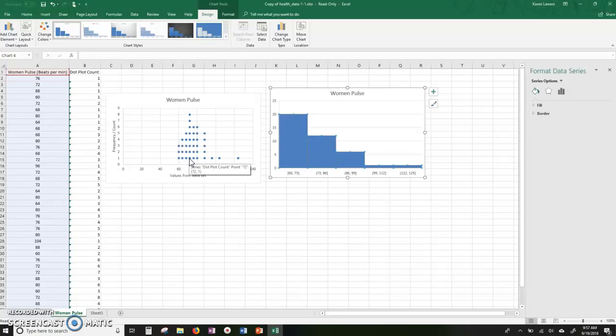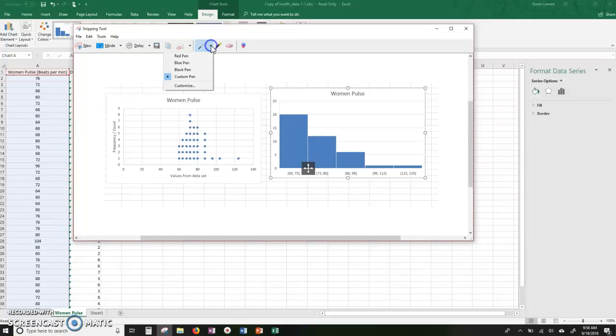So this should include these 8 plus these 5 plus this 4 plus this 3. And that gives me 20 dots total. 8 plus 5 is 13, plus 4 more is 17, plus 3 more gives me 20. And those 20 dots are represented by this bin right here. So to just box out what I mean, that bin is represented by these 20 dots.